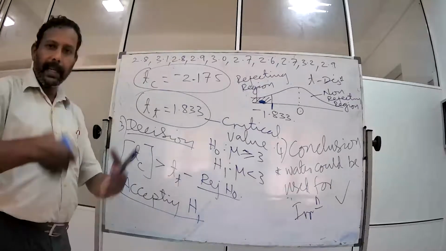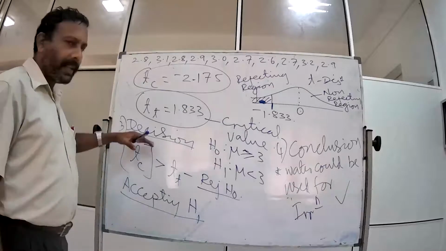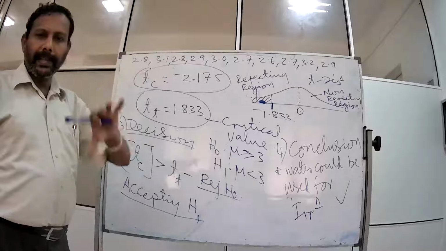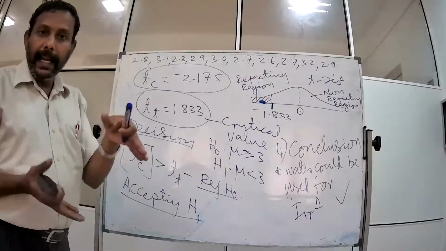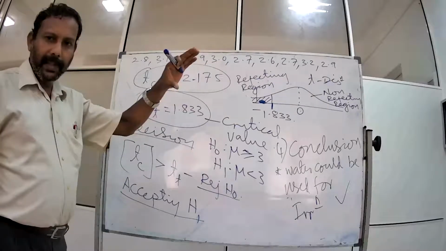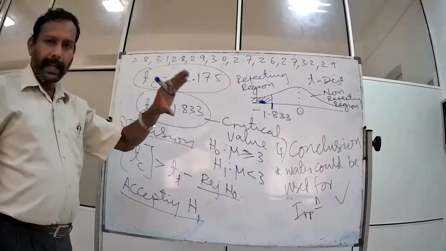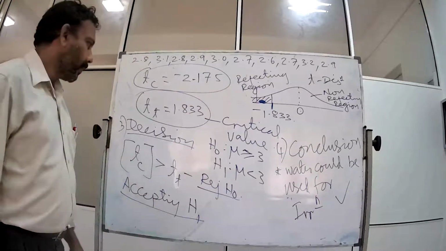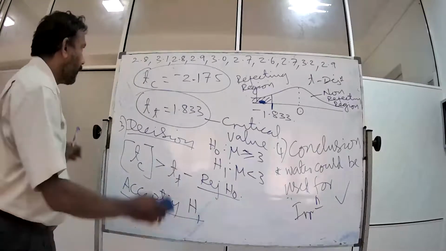You don't need to write all these steps one by one, but we have to have all these 4 steps incorporated: hypothesis, null and the alternative hypothesis, test statistics, decision making process, and the conclusion. Any questions?